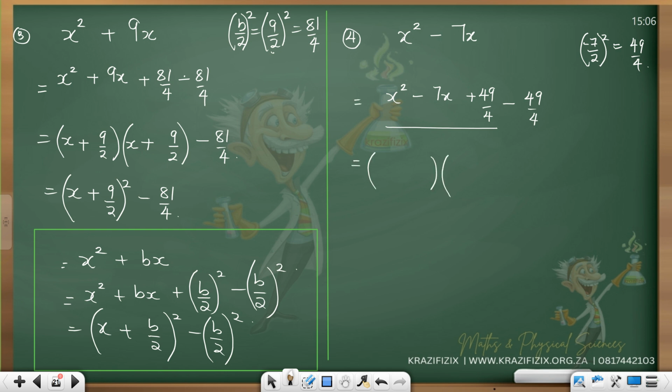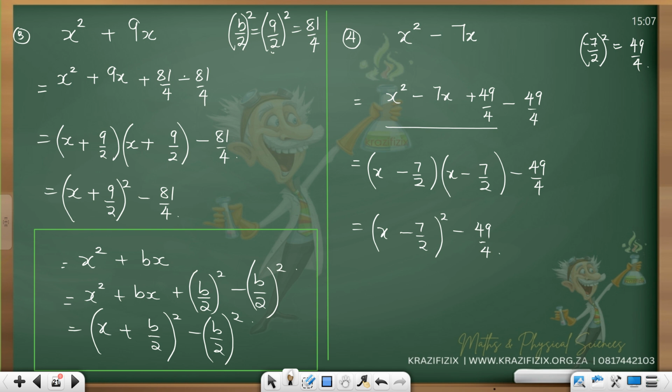Open two brackets. It's a negative, so I need that. Minus 49 over 4. Use it as one bracket. Guys, are we on the same page?